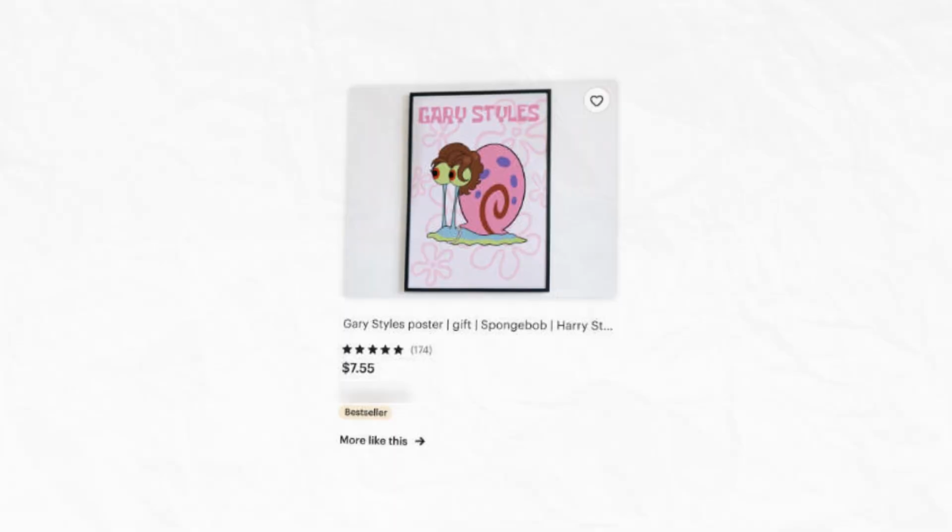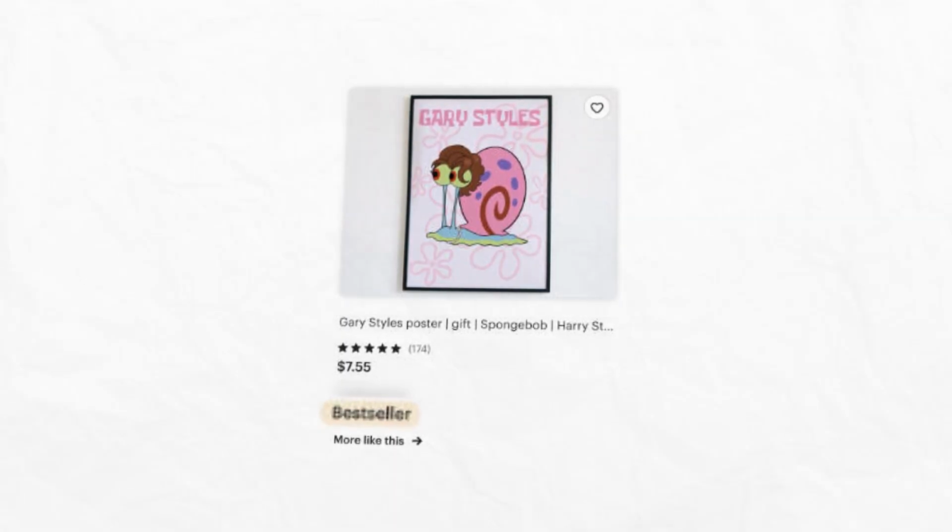So a lot of listings that you're going to see that are bestsellers have the lower pricing, but they have high photo reviews and high sales, which is kind of the happy medium that makes these products end up as bestsellers on Etsy. Now, as print-on-demand sellers, we do have to keep this in mind, that if we don't have as many sales, as many photo reviews and reviews on our shop, we do have already a lower perceived value.